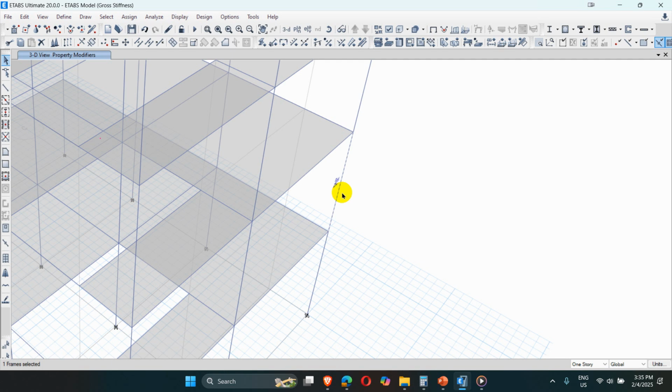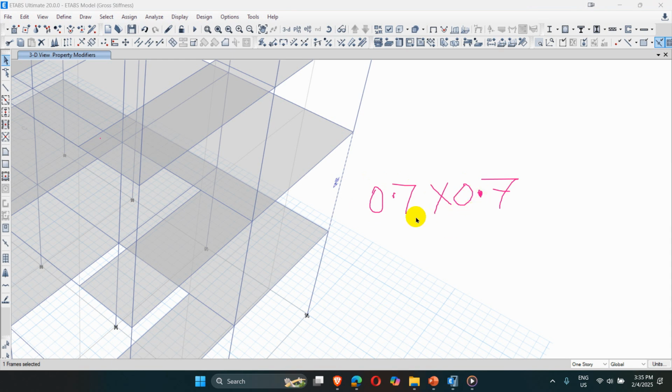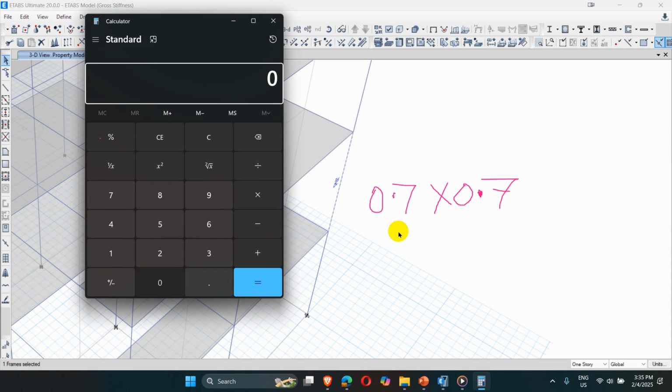Don't assign the stiffness modifier in two places, because if, for example, the first one is 0.7 for column, and in the second option there is also 0.7 by assigning the material, let me go to the calculator, 0.7 in defining the properties and 0.7 again in the section, it comes to a modifier of 0.49.